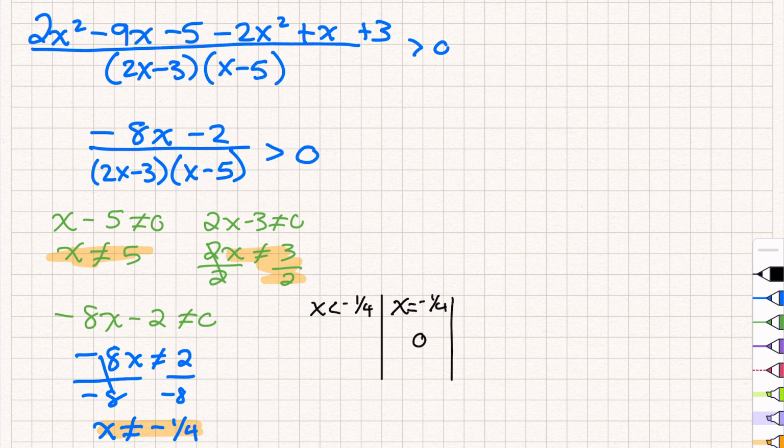We need to check when it's in between negative 1 over 4 and the next highest number, which is 3 over 2. We know that when it's 3 over 2, it's undefined. We need to check when it's in between 3 over 2 and 5.